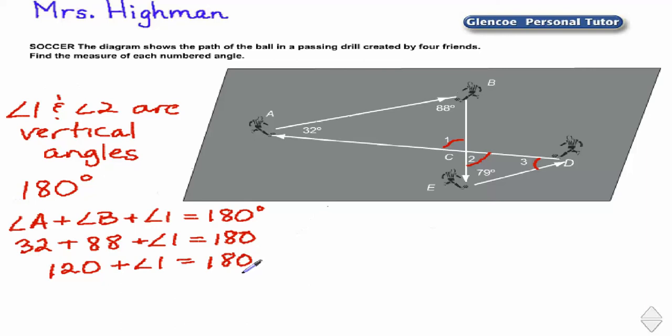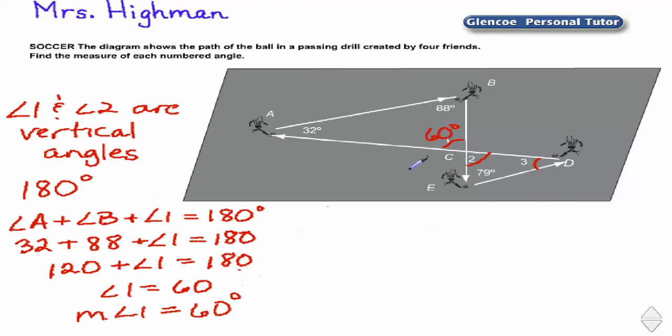If we subtract 120 from both sides of our equation, that leaves us angle 1 is equal to 60. So the measure of angle 1 is 60 degrees. So let's write that in here. 60 degrees for angle 1.